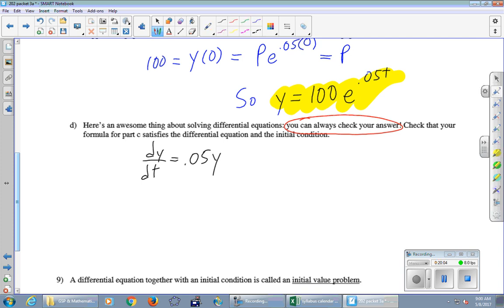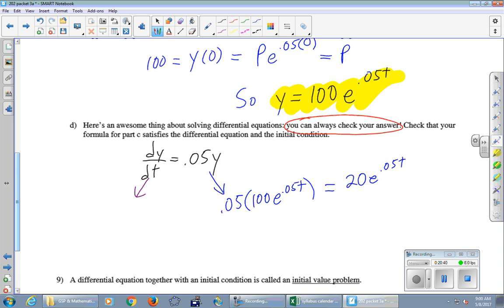Okay, let's start on this side. 0.05 times, what is y? 100 e to the 0.05 t. You could multiply the 0.05 times 100, so what is that? 20 e to the 0.05 t. On the other hand, we're supposed to take the derivative of y with respect to t. Again, go back to yellow.